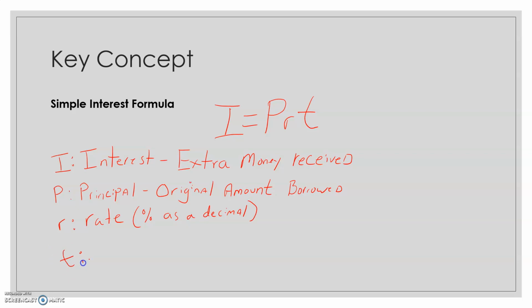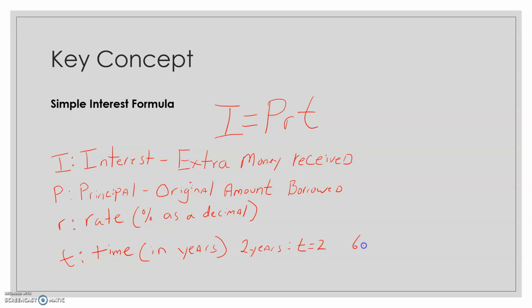And then T in our problem stands for time. How long do you have the loan for, or how long is it before you pay back the money that you borrowed? Time is always written in years. So for example, if it's 2 years, then T would equal 2.